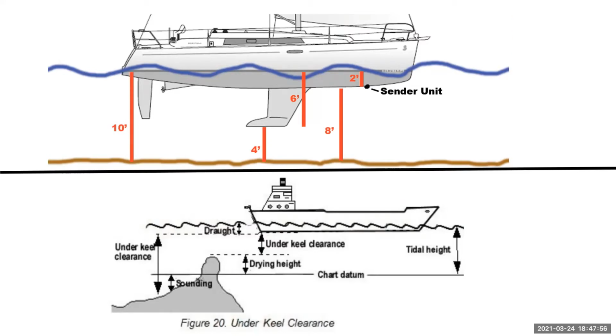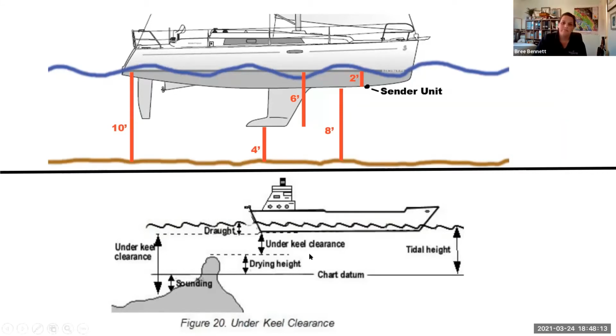Yes. It's an old one where it's only bow to stern. Now they have the side viewing one as well, which is really nice. Oh, very cool. Yeah, so it all depends on what type of instrument you have on board.